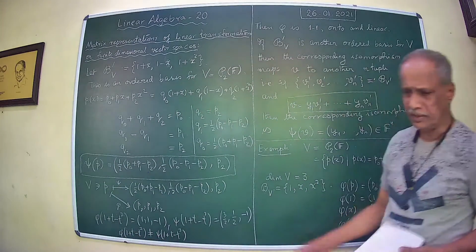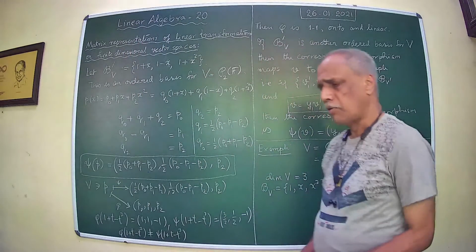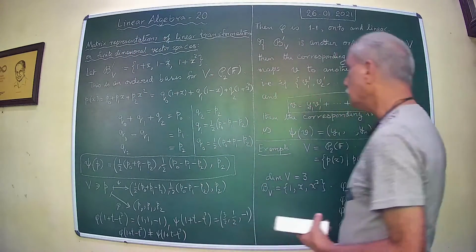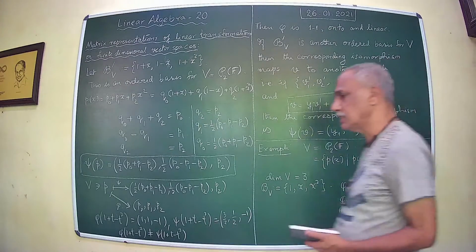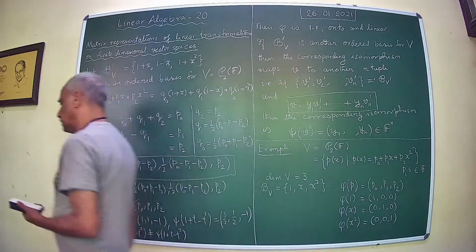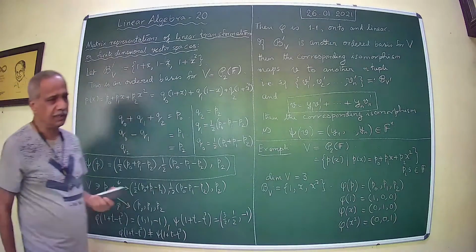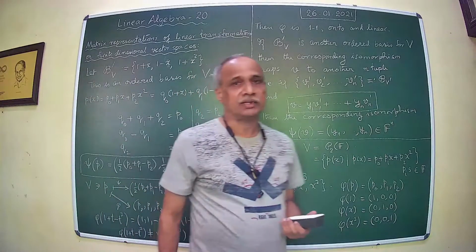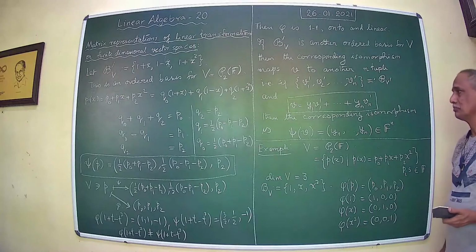So that is what we observe. There are various representations possible in F^n for the same vector, based on what particular ordered basis you choose. This is an important point.